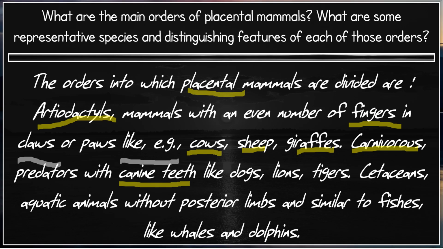cetaceans, aquatic animals without posterior limbs, and similar to fish, like whales and dolphins.